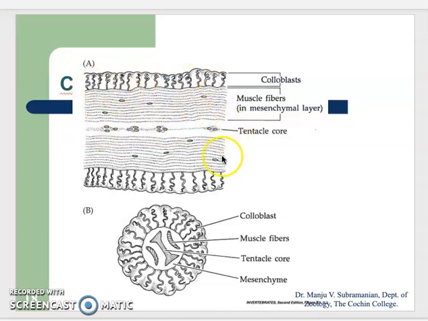On either side of these mesoglial cells there are the colloblasts, and this is a correct cross-sectional view of a tentacle. If you take a cross-section of a tentacle, at the center you can see the tentacle core, which is surrounded by the mesenchyme cells, and certain muscle fibers are also there, and which is surrounded by the numerous colloblasts. This is a cross-sectional view, and this is a transverse view.